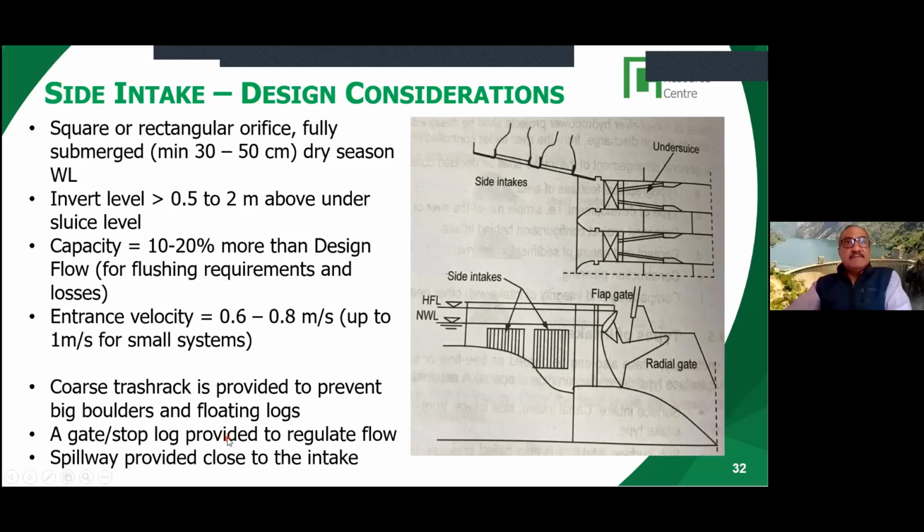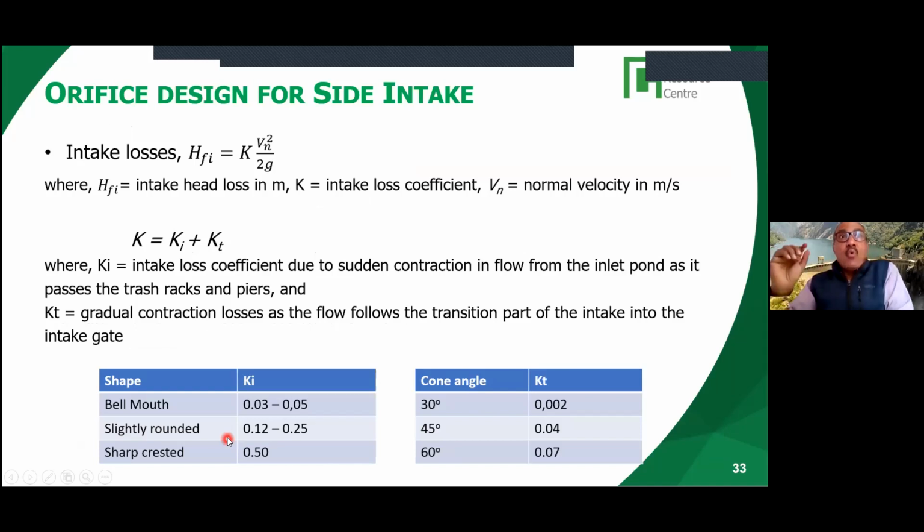Now, as you must have noticed, whenever you design the waterway for a mini hydro project or any hydropower project, you try to minimize the losses, because any loss means the head will decrease. The head available for power generation will be reduced.